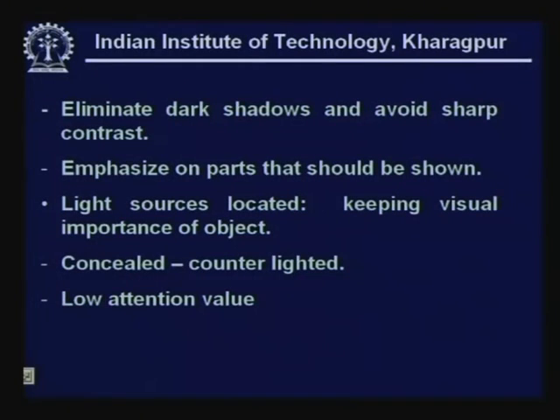And at the same time, unless the lamp itself is archival in nature, or is meant to have attention drawn to it as a form of an antique, it should have a low attention value.